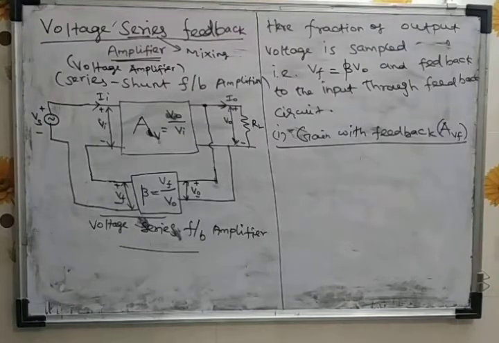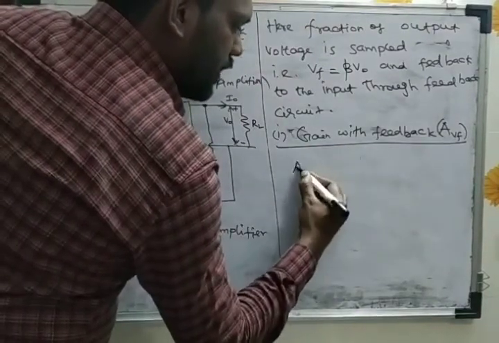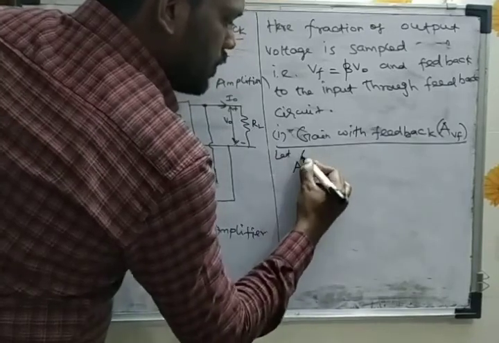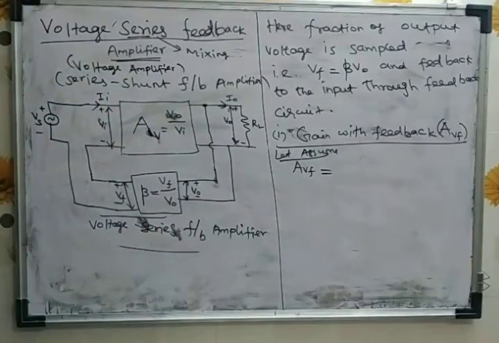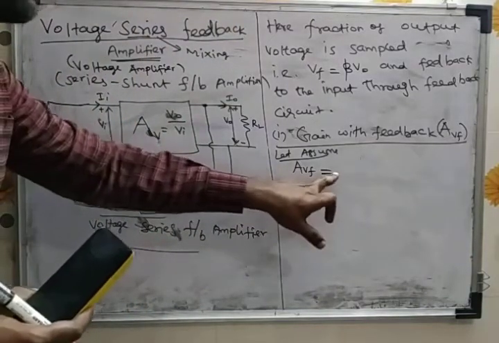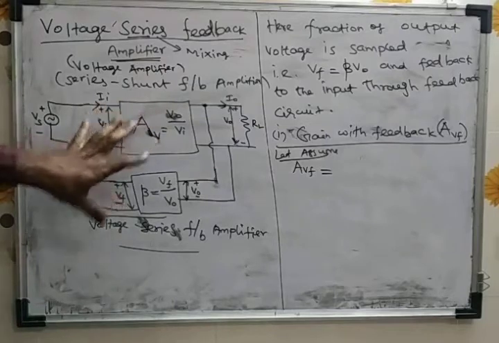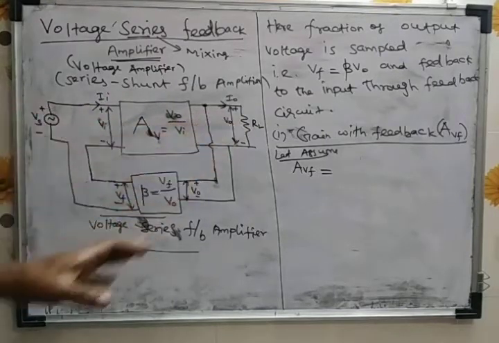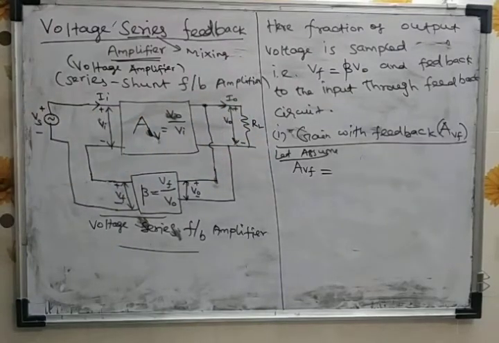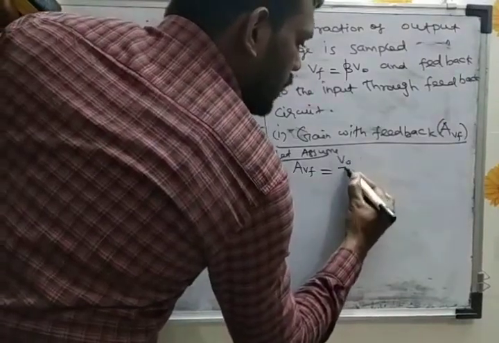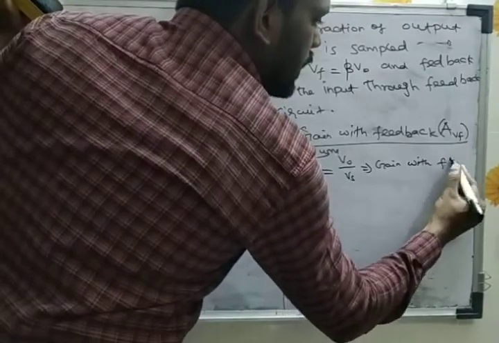Let us assume AVF is equal to the gain with feedback, that is, the gain of the whole circuit. The output is V naught and the input is the source voltage Vs. So AVF is equal to V naught by Vs, equal to gain with feedback.